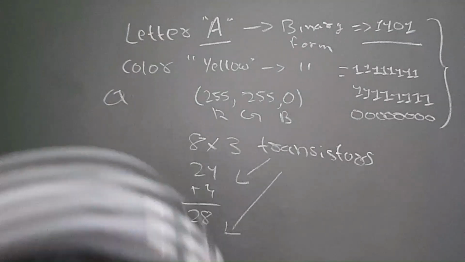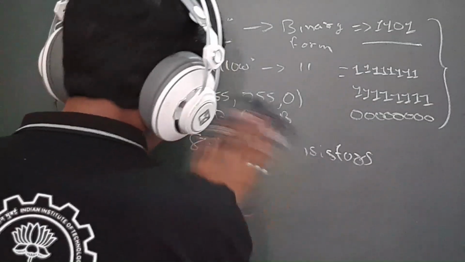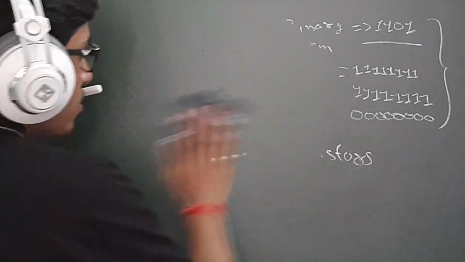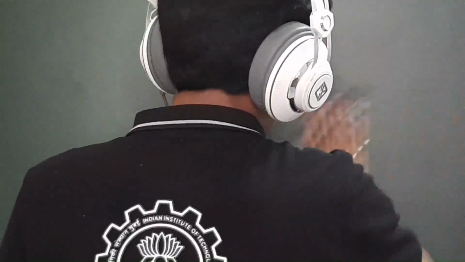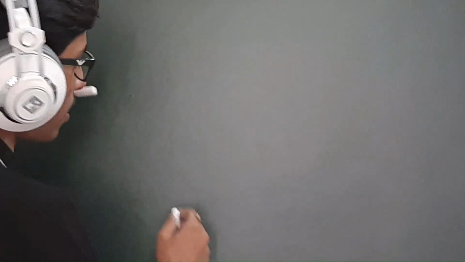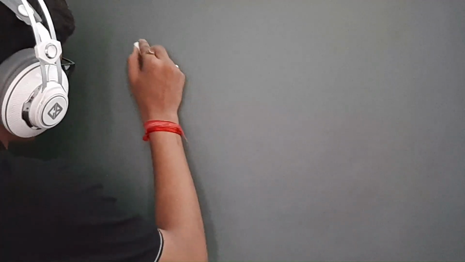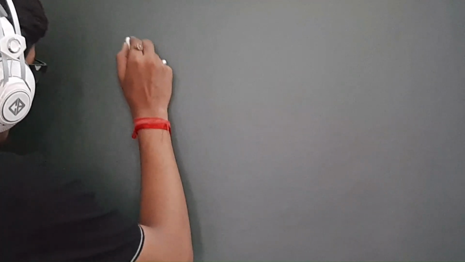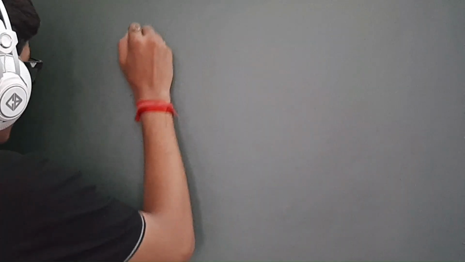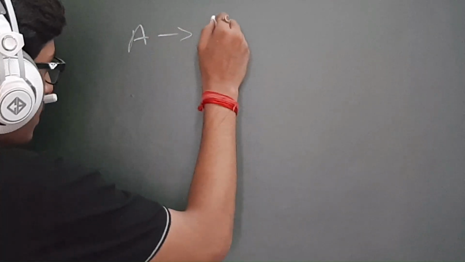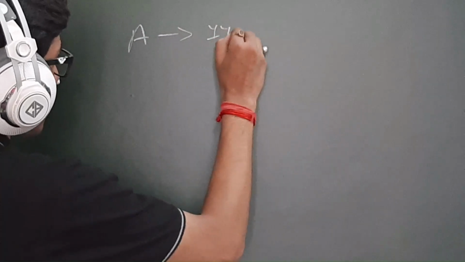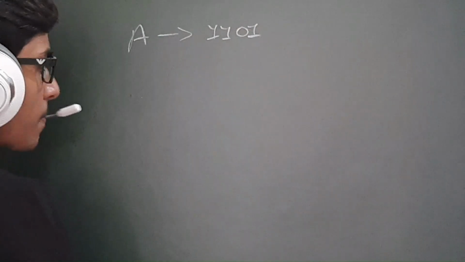Okay, now how are transistors correlated with storage? Basically they're units. Now I'm going to tell you how the units are correlated with this particular thing, the transistor. So let's take the example of letter A again. A is converted into binary form as 1101, right.